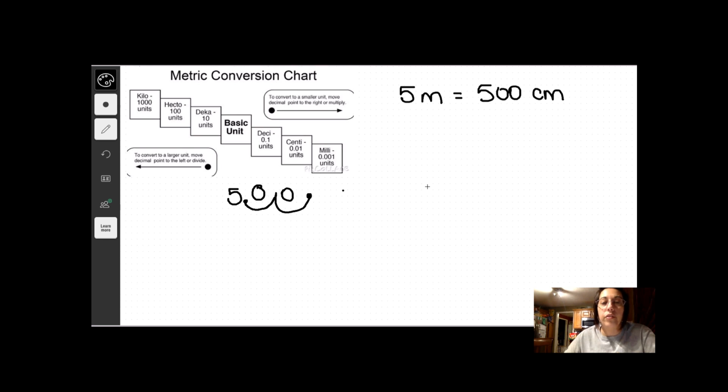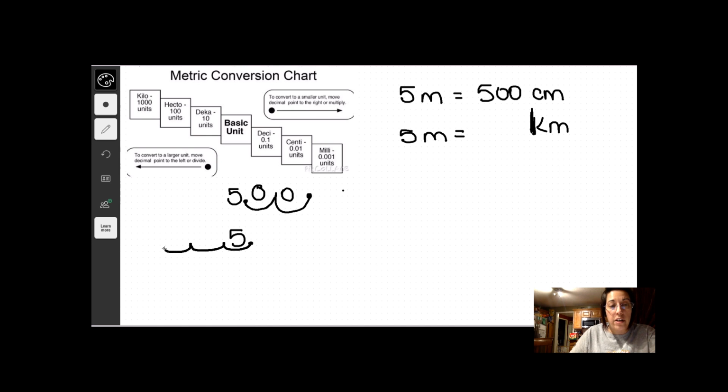Okay, but what if I start with that same 5 meters and I want to know how many kilometers that would equal? We're going to start with our base unit, 5 meters. Put our decimal in. Divide by 10 to get to decameters. Divide by another 10 to get to hectometers.